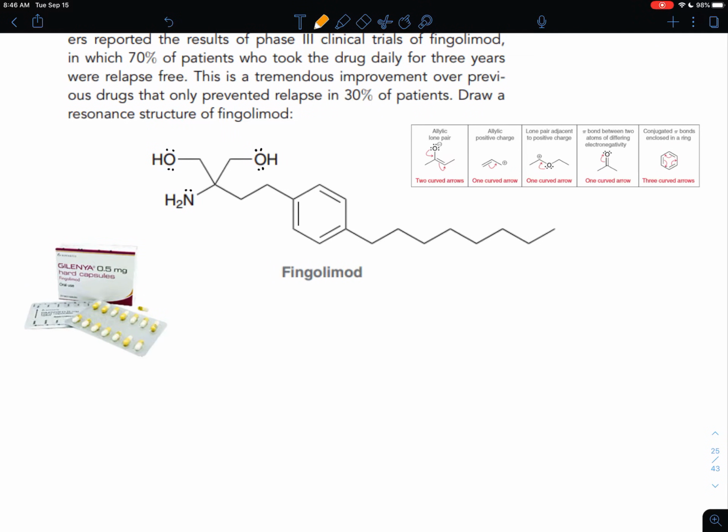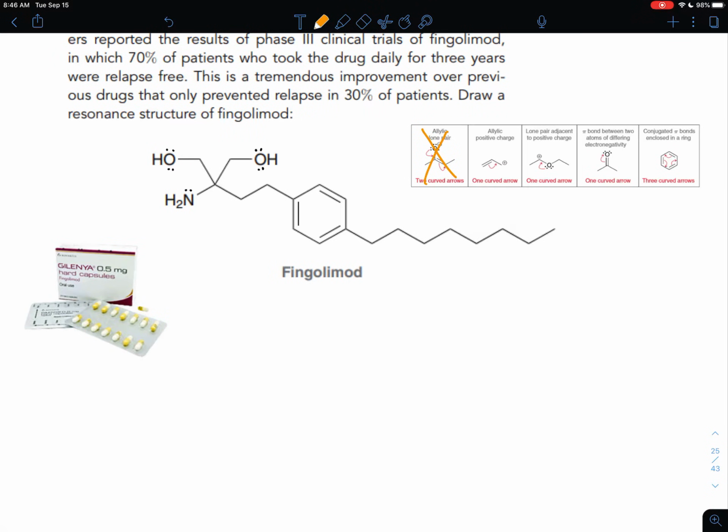These lone pairs would be allylic if you had a pi bond 1 atom away, which could be here, here, or here. You don't have any of those. None of those lone pairs are allylic, and so we don't have this first resonance pattern.